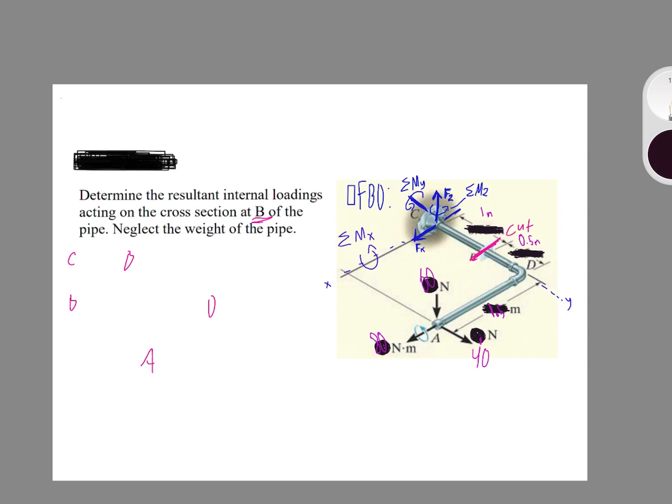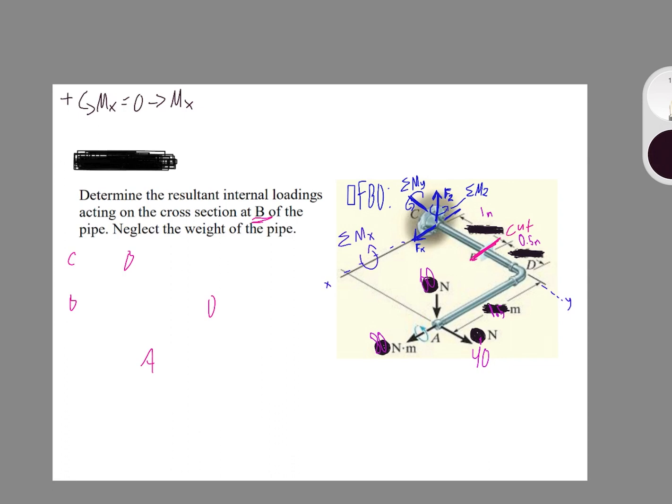Let's take a moment around X, equals 0. We've got our Mx going in the positive direction because of the way it's going.